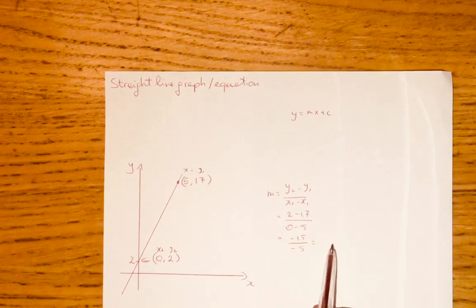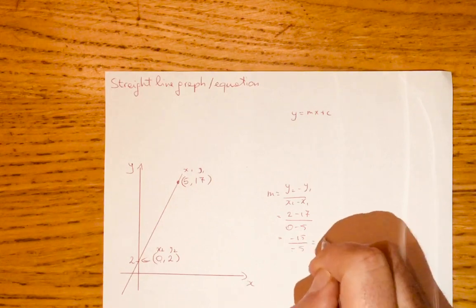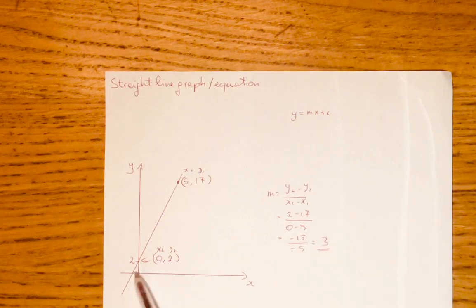Negative divided by negative is positive, 15 divided by 5 is 3.